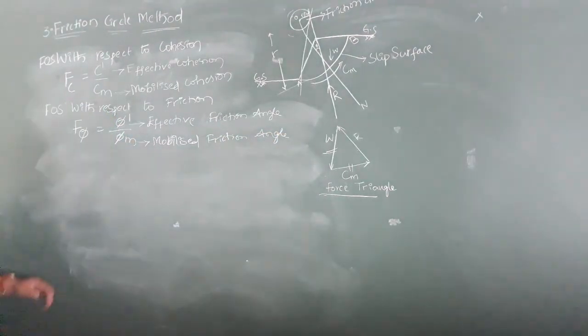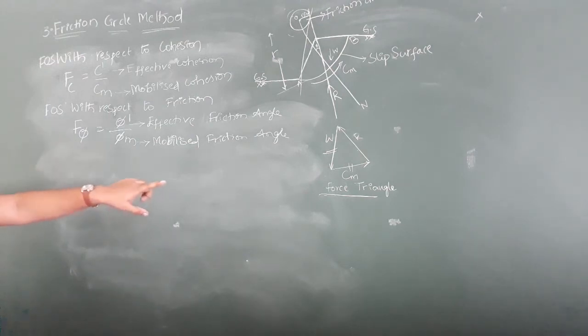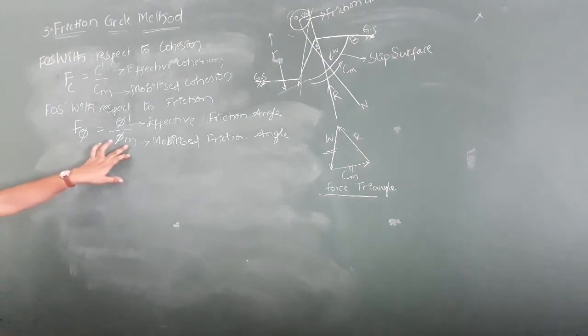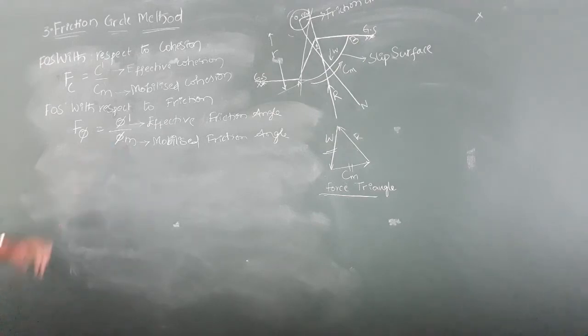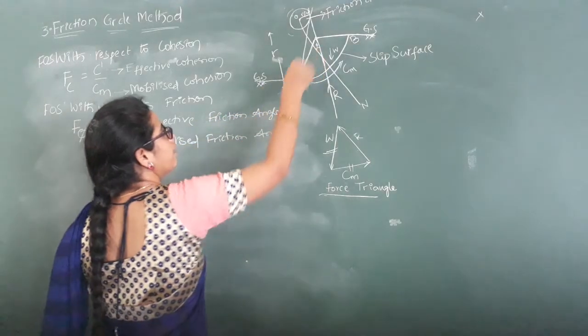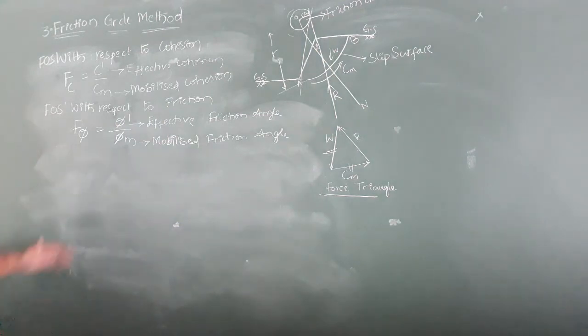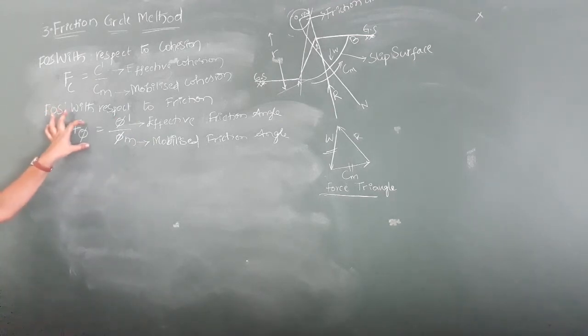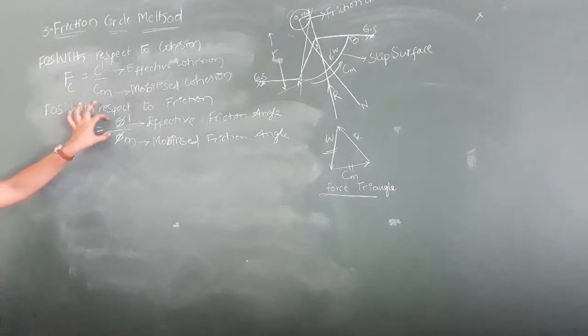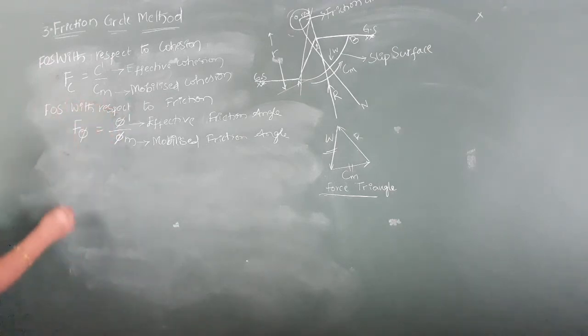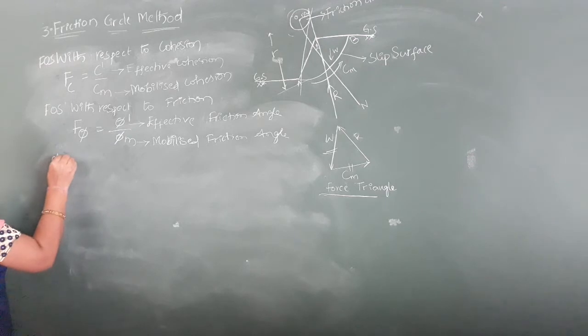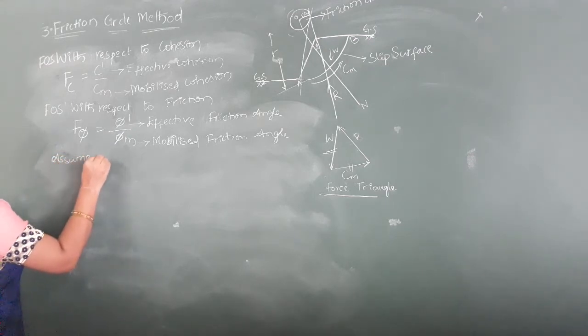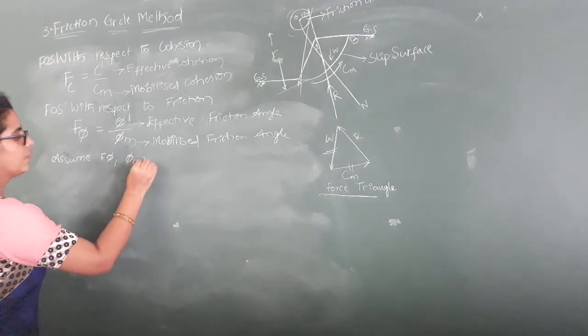So here also we do the same. From the force triangle method, we will have the phi m value, the angle that is made by the reaction force R. So phi m value we know from the force triangle method, from the graph, and we assume the F phi value so that we will get the phi dash value.